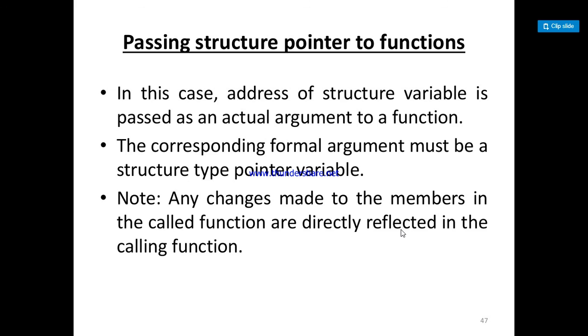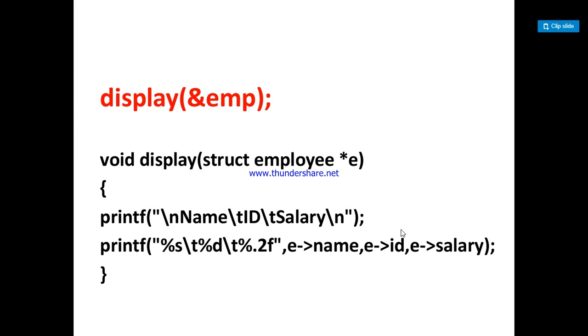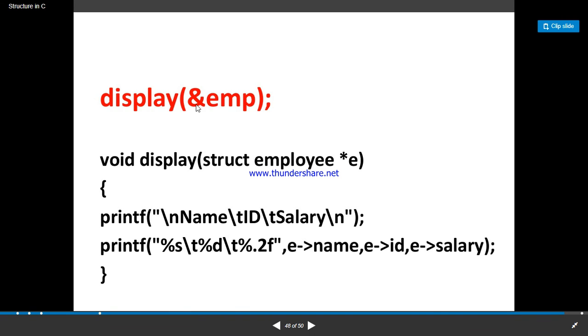Passing structure pointer to the function. In this case, the address of the structure variable is passed as the actual argument to the function. The formal argument must be a structure type pointer variable. Display ampersand emp. This ampersand symbol represents that emp is the structure and its address is passed to the function.